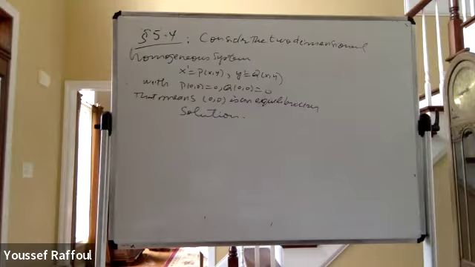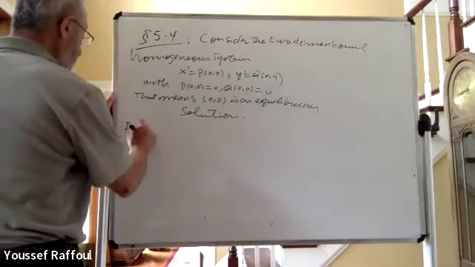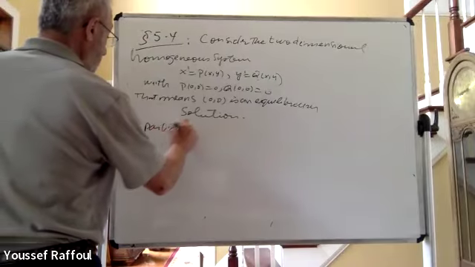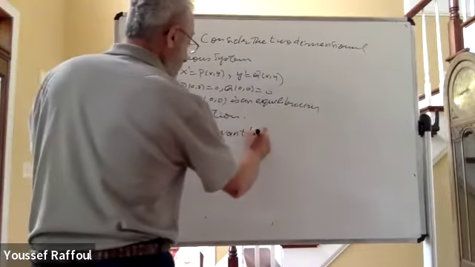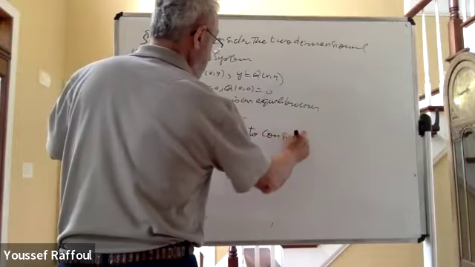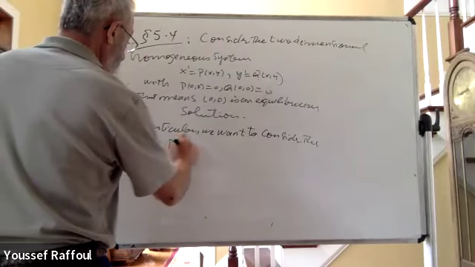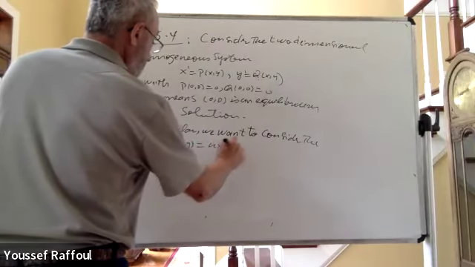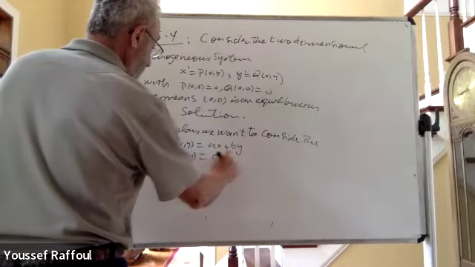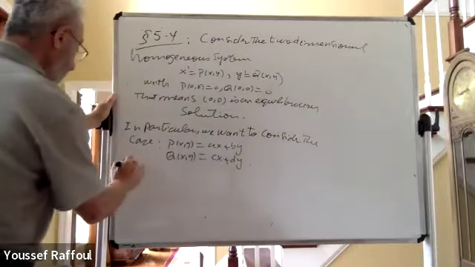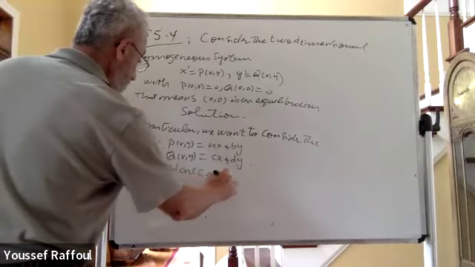All right. So in particular, we want to consider the case when p(x,y) equals ax plus by and q(x,y) equals cx plus dy, where a, b, c, and d are constants.